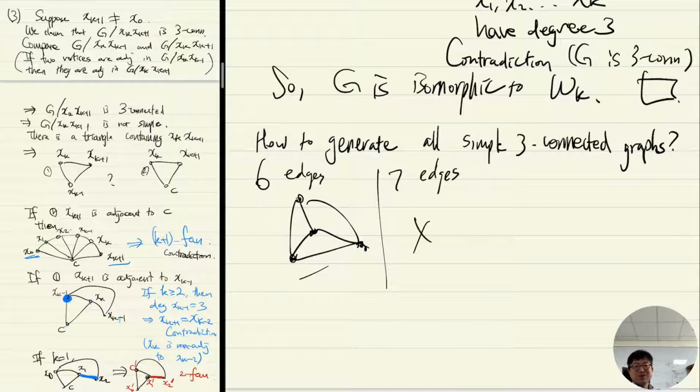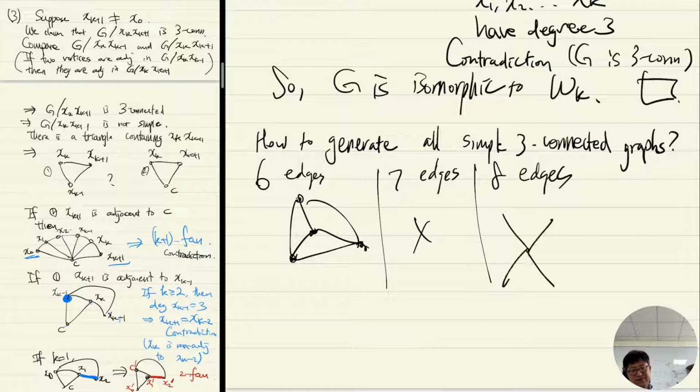There's no simple 3-connected graph on 7 edges because there's no way to add an edge, no way to uncontract, right? How about 8 edges? Then you have W4 and nothing else.